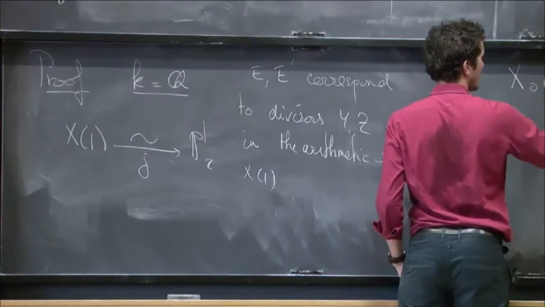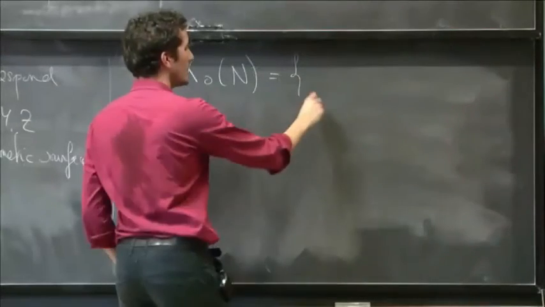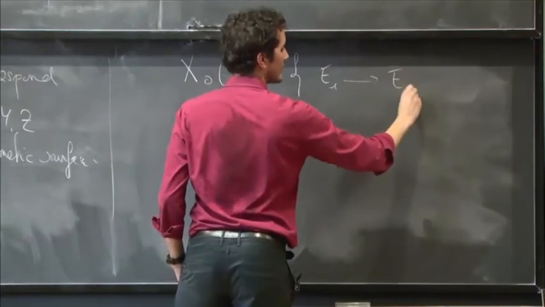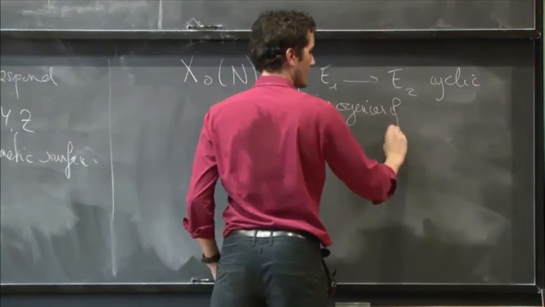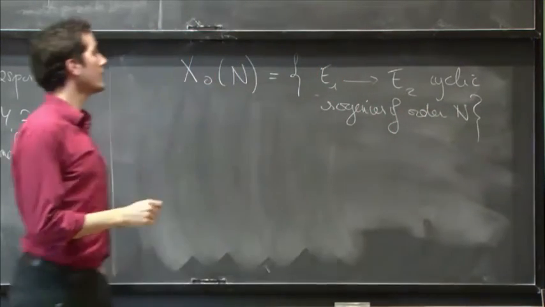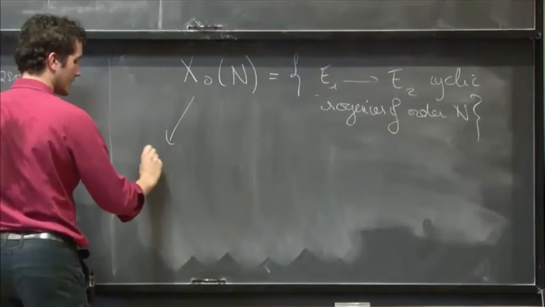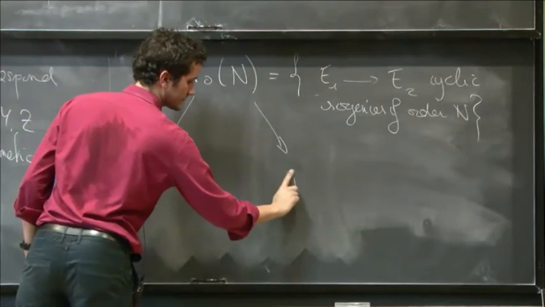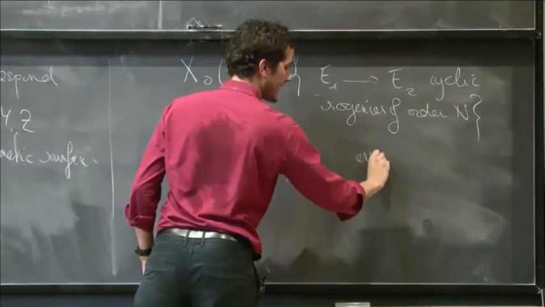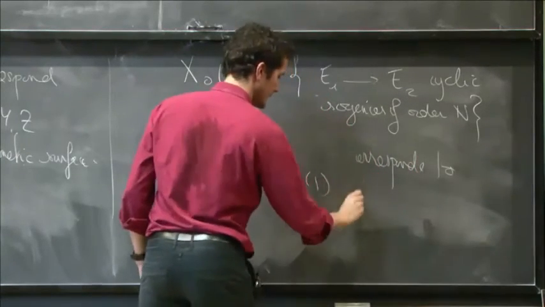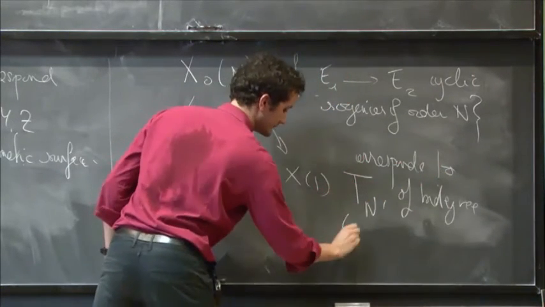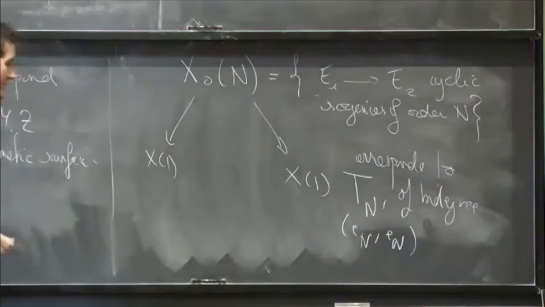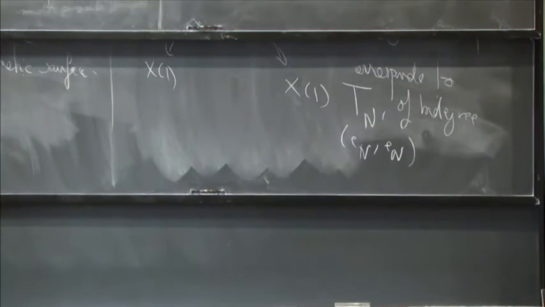So we have X_0(n), which is the compactified moduli of cyclic isogenies E1 to E2 of order n. And this gives us the Hecke correspondences T_n, of degree d_n. We can imagine that d_n is roughly the order of magnitude of n, at least if n doesn't have too many prime factors.